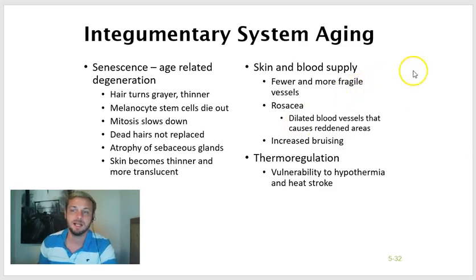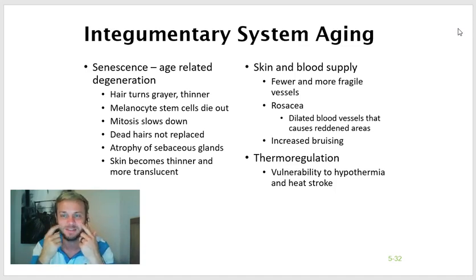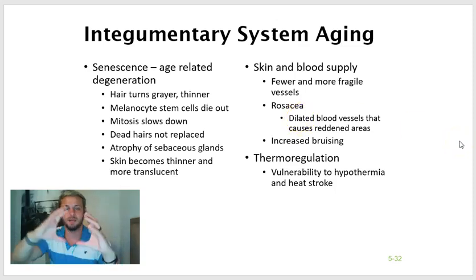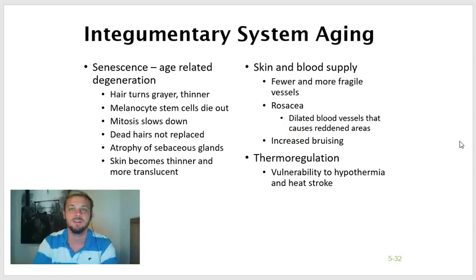The blood supply decreases, so you have fewer vessels there. This can lead to rosacea. Rosacea is where you get reddening in areas, specifically the cheeks. And it's because those blood vessels are dilating, they're opening up so they can get more oxygen and nutrients to the skin cells that are next to it.